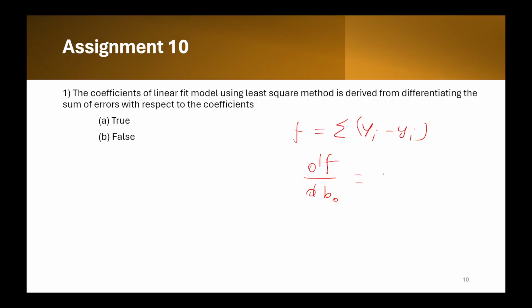Is that true or false? As we have already discussed, this is a false statement because we need to square this. This is only the sum of errors. No, we need the sum of the squares of the errors. So this is incorrect. It's a false statement.